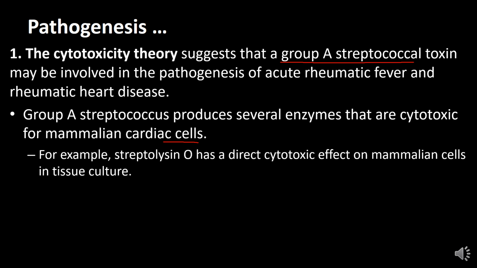So that is the cytotoxic theory, that there are those toxins or enzymes that are produced by the group A streptococcus, and these enzymes have a direct cytotoxic effect on the various tissues and cells that are affected and eventually lead to the development of acute rheumatic fever.